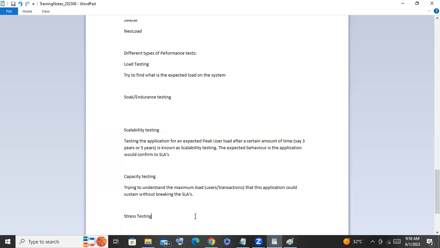How many people would be accessing Amazon now? Millions of people in India might be accessing the Amazon.com website right at this moment. Would it be able to handle all these millions of users with just one server? No, there will be multiple servers, isn't it?